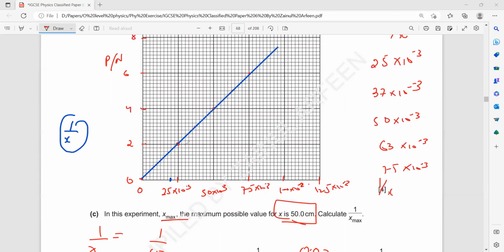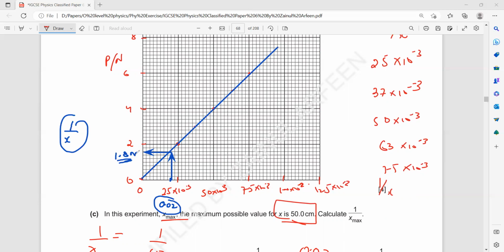So this is 20 exponent minus 3, which is also 0.02. So from the minimum value of 1 over X, we will determine the minimum value of P, which, according to our graph, is 1.8 Newton.